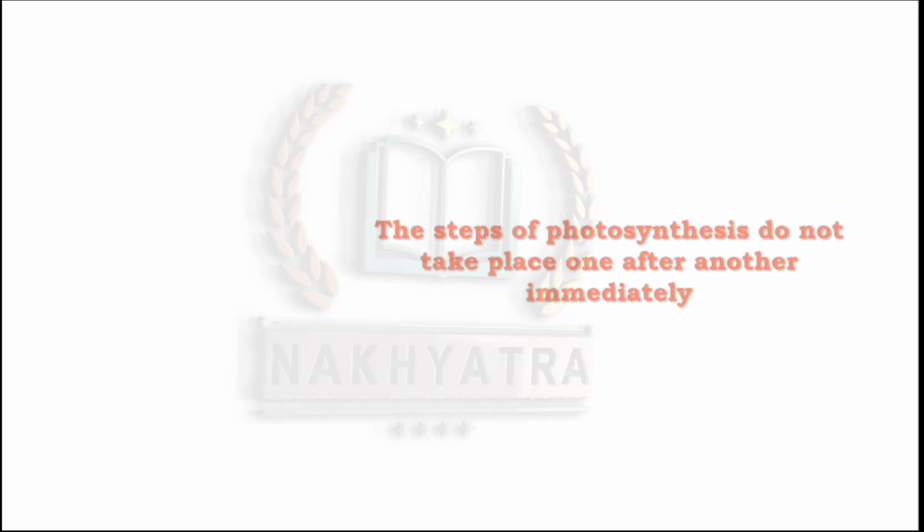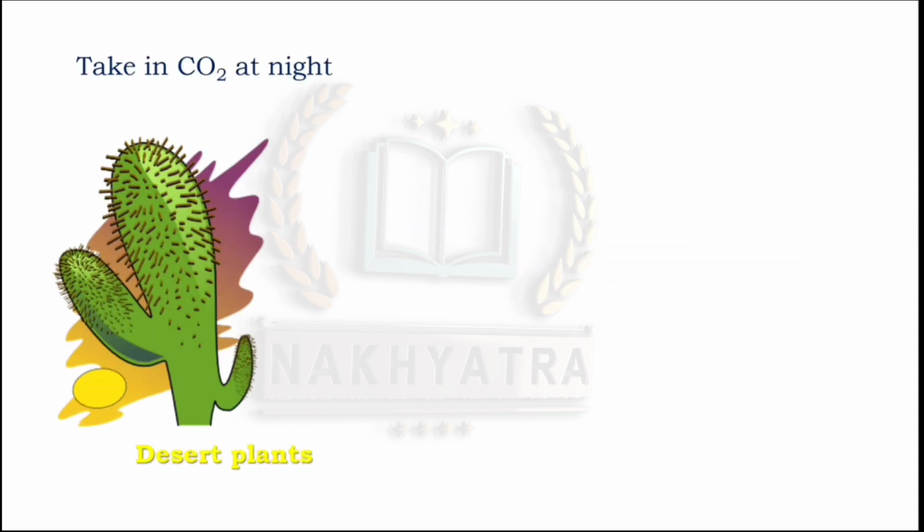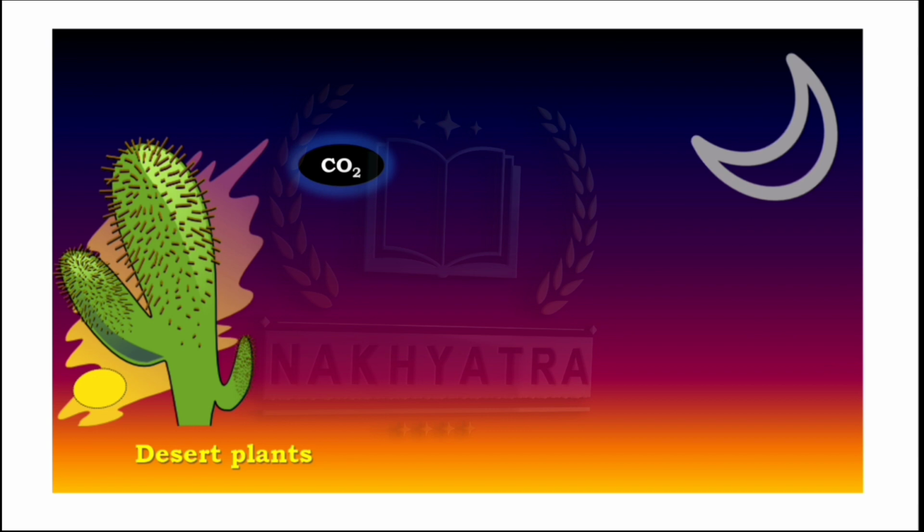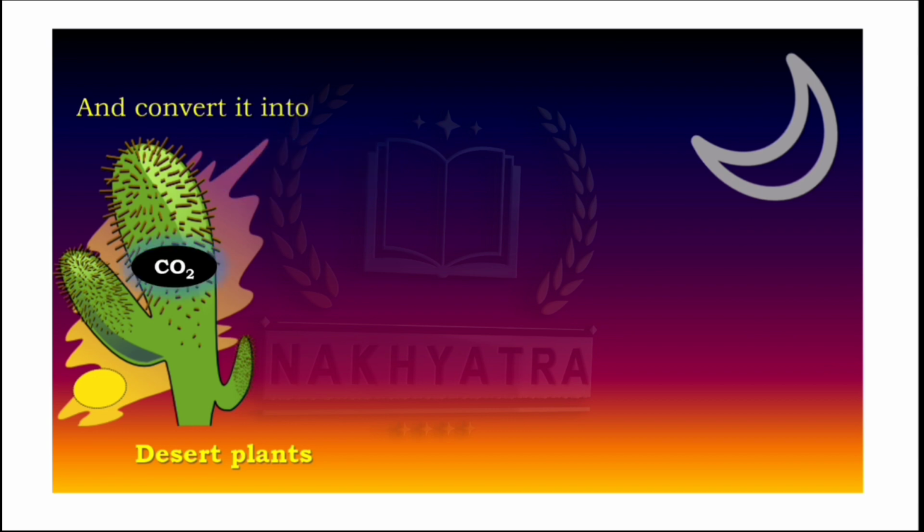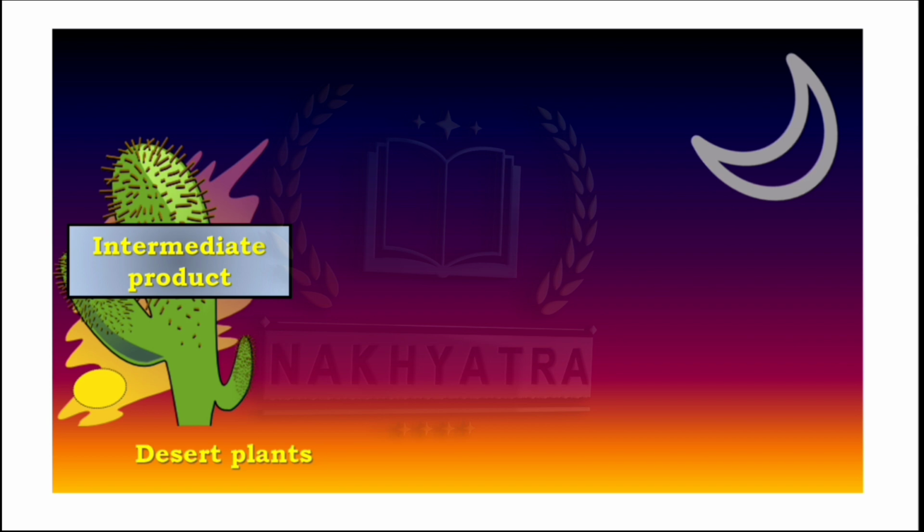Now see, the steps of photosynthesis do not take place one after another immediately. Okay? Now in desert plants, they take in carbon dioxide at night. So at night they take in carbon dioxide and then they convert it into an intermediate product.